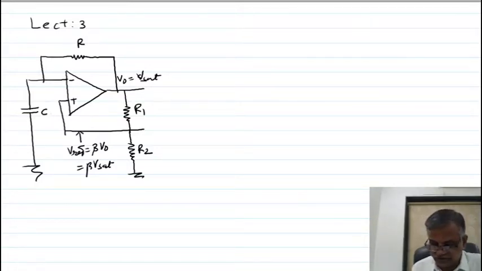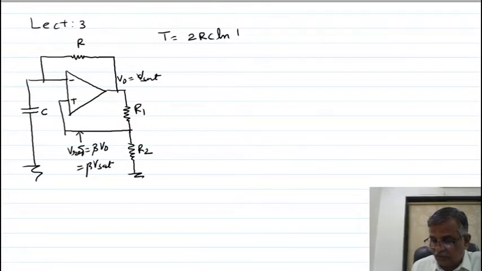Already we have discussed the working of the circuit, and we have derived the equation of the periodic time. The periodic time T is given by 2RC ln((1 plus beta) upon (1 minus beta)), where beta is called the feedback factor.